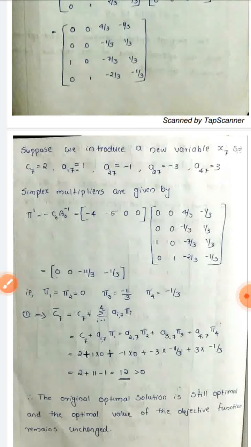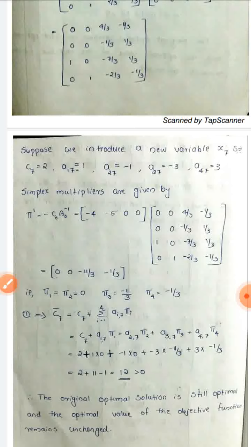So substitute the values of the cost coefficients and the matrix coefficients, which is equal to C7 plus a17 pi 1 plus a27 pi 2 plus a37 pi 3 plus a47 pi 4. Substitute the values, we get 2 plus 1 into 0 plus minus 1 into 0 plus minus 3 into minus 11 by 3 plus 3 into minus 1 by 3.